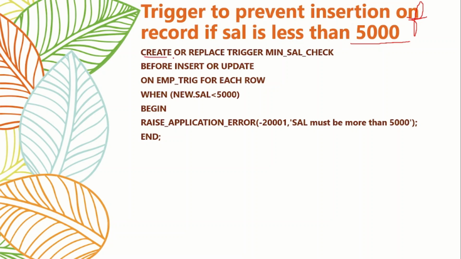So it says create or replace. This is the keyword trigger. The name of the trigger is min_sal_check. It is again a before event trigger. So insert or update, these two are the triggering events.